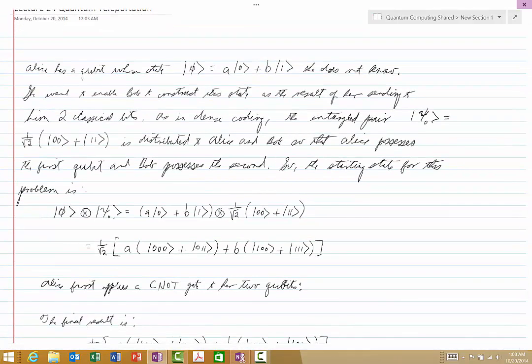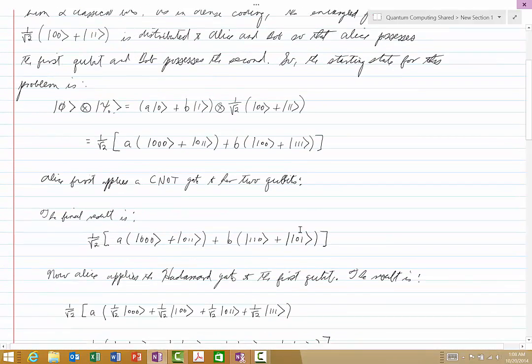Remember that in the very first thing that Alice does, here we have identified the starting state. The starting state can be written like this. And the very first thing that Alice does is to apply a C0 gate to her 2 qubits. Remember, Alice has control only over the first 2 qubits.